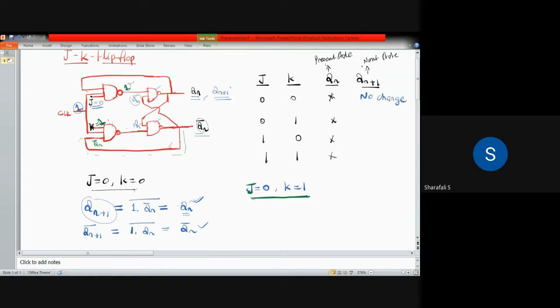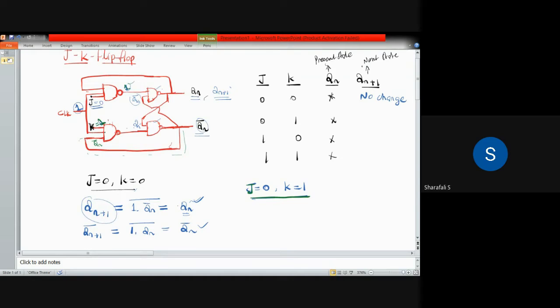Previously also this output would come, but since J equal to 0, we can directly take the output as 1, because if any input of a NAND gate is 0, the output becomes 1. So we do not have to consider other inputs. But here K equal to 1, so we have to consider the other inputs whether they are 0 or 1.